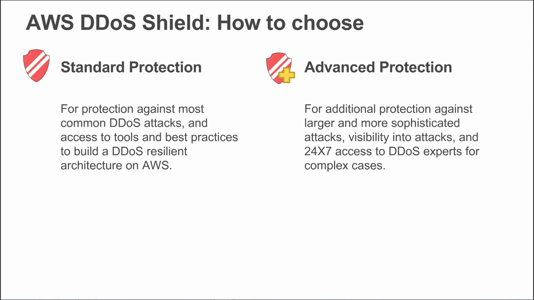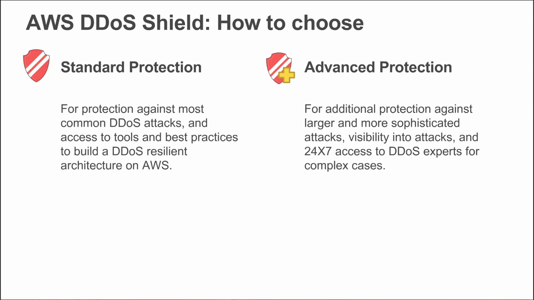Now, if you think that you are okay with some of the common protections, either because your applications or the industry you operate in are not prone to DDoS attacks, or you are at a stage of your application or product lifecycle that doesn't need sophisticated DDoS protections, and you're comfortable using the AWS white paper and tools and techniques that we provide to build resilient architecture, then you can definitely use AWS standard protections, and that should protect you from some of the most frequently occurring DDoS attacks, and more specifically, protect you from 96% of the DDoS attacks that a typical website sees.